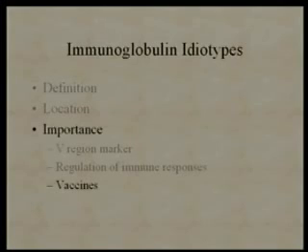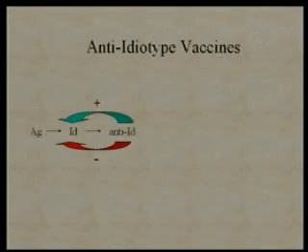Another place where there's a lot of interest in idiotypes is in the vaccine area, to try to develop what I refer to as anti-idiotype vaccines. So how can you use an anti-idiotype as a vaccine? Well, let's go back to this. We saw what happened when we injected antigen. We get these positively and negatively regulating anti-idiotypes.